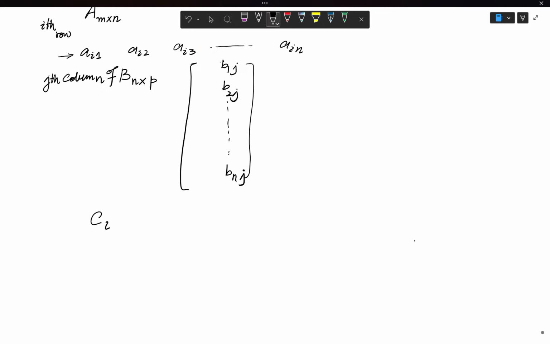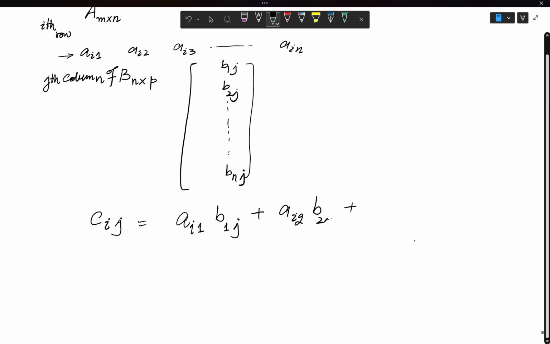So Cij will come from the multiplication of the ith row of A. So it is AI1 B1j plus AI2 B2j, and so on.